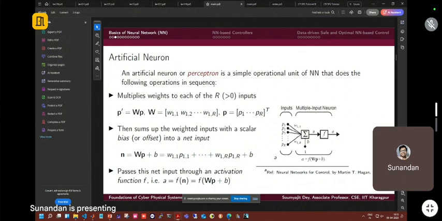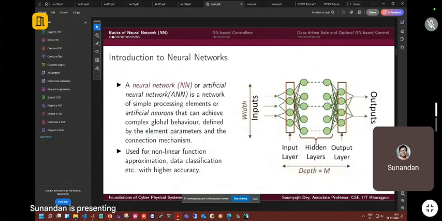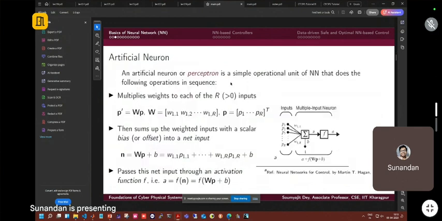For that, we'll see if there are multiple inputs. There are different layers of nodes, and these are basically called neurons, an artificial neuron or perceptron. This is a simple operational unit that a neural network uses.